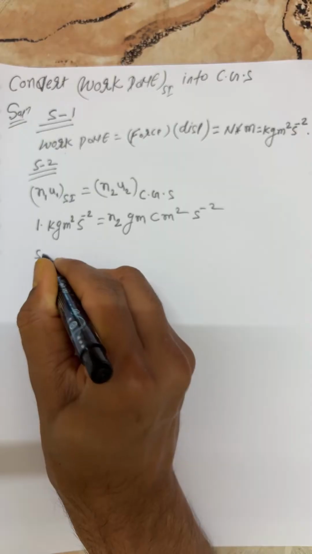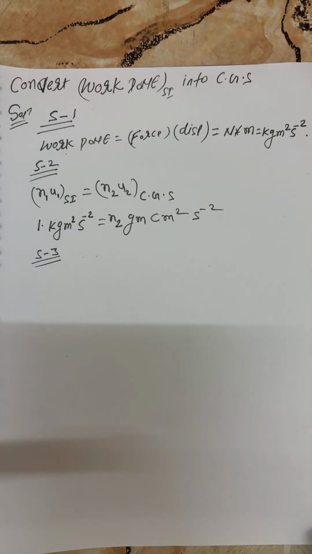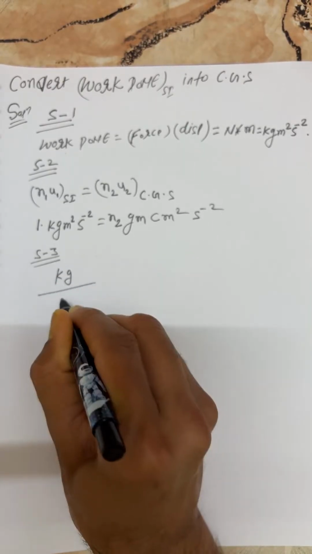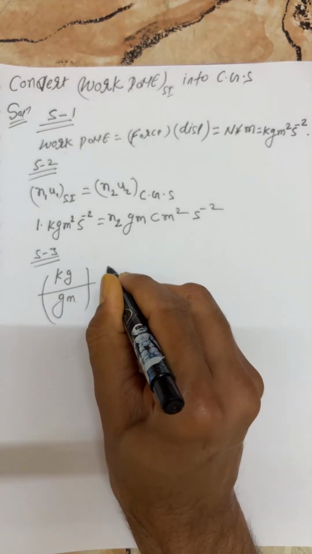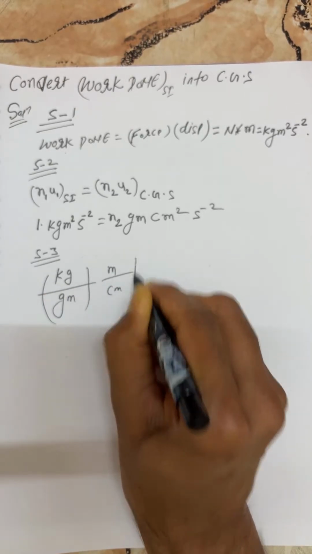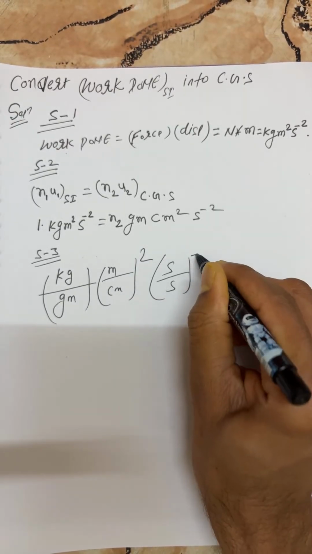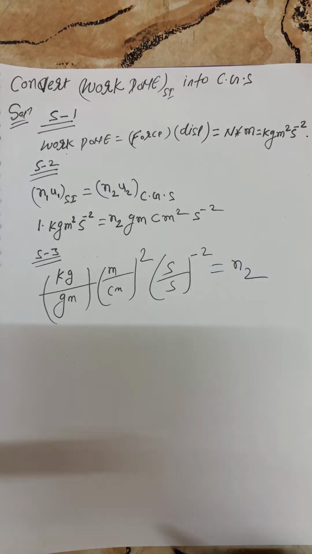Step 3, students: keep all identical quantities together. Gram, I'll keep with kilogram. Now meter, I'll keep with centimeter. Now s upon s to the power minus 2, which is equal to n2.